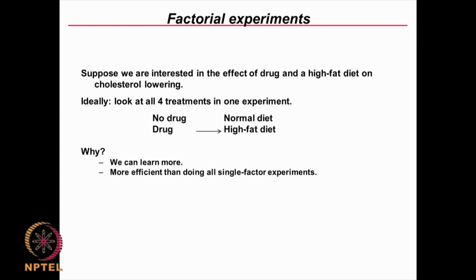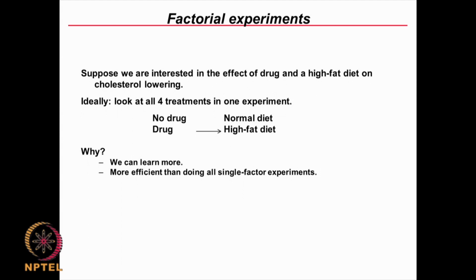We have 2 factors, drug is one factor, diet is another factor, and each at 2 levels: no drug, drug, and normal diet, high fat diet. So, 2 into 2, 4. So, you will be doing 4 experiments. It is always better to look at 4 different types of experiments.